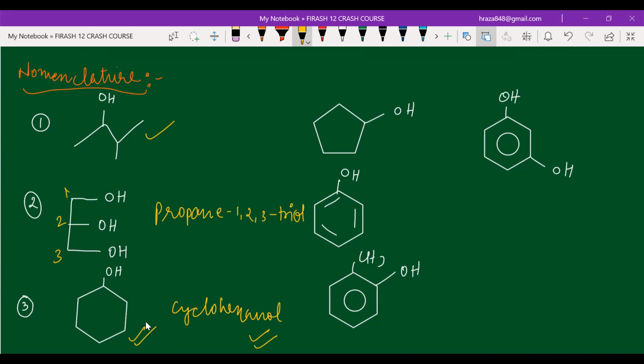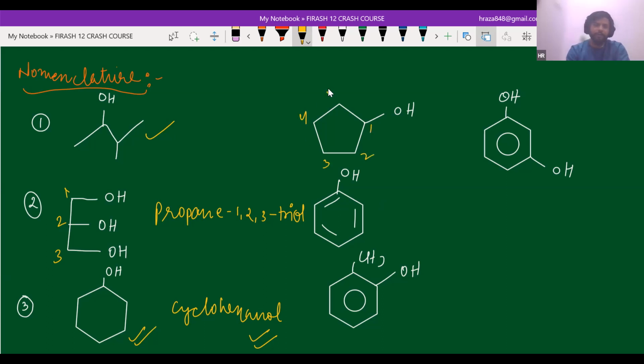Cyclopentan-2-ol. 2-ol or 1-ol? We are going to give the numbering from where the functional group is present, right? Yeah, 1-ol. Do the next one. Phenol. Very good. Or we can also say benzenol.